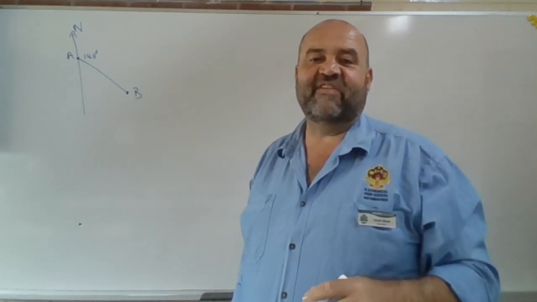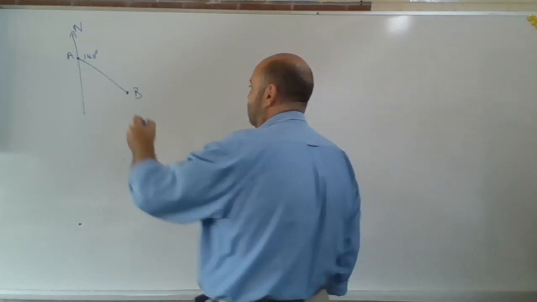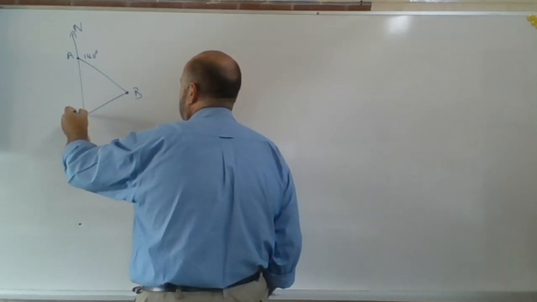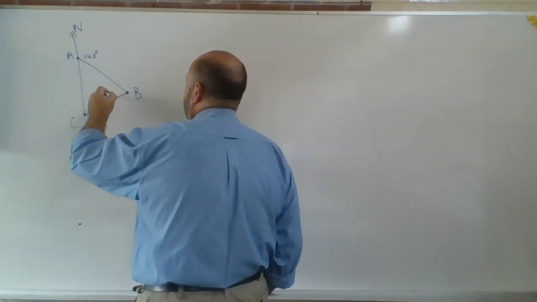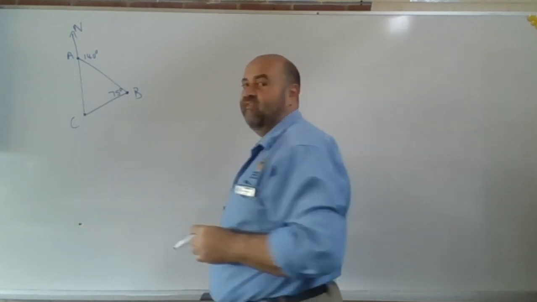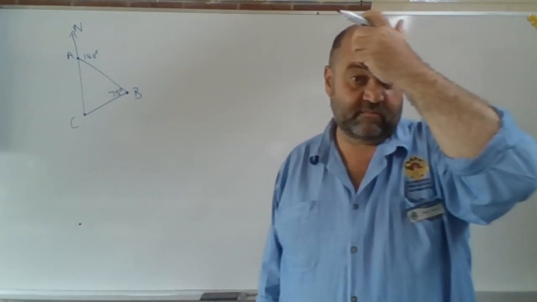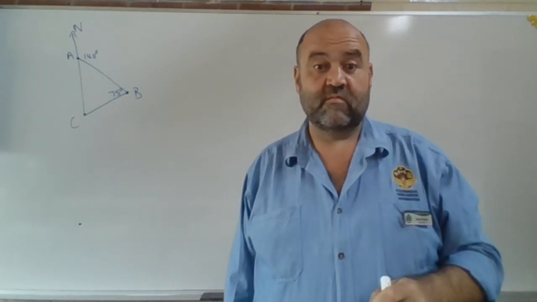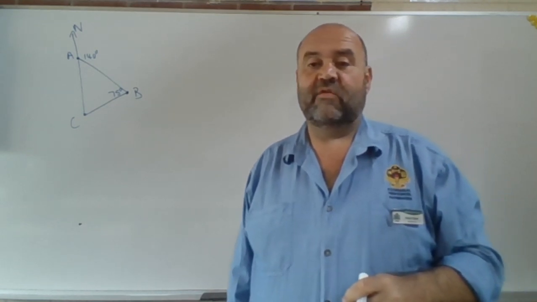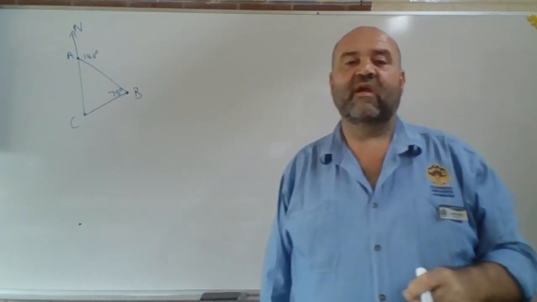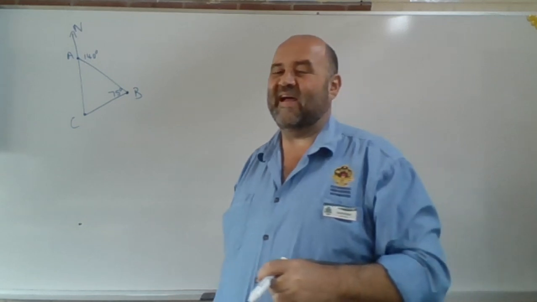And then he walks to C. And the angle in here, we're told, is 75 degrees. Then the question says, find the bearing from B to A.